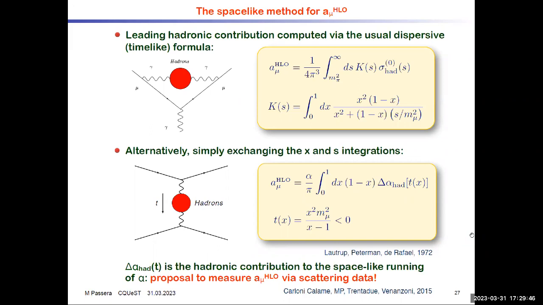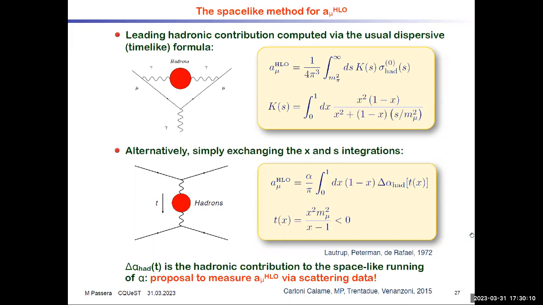You see, this is the formula that I've been showing you already more than once. It's the leading order hadronic contribution, the hadronic cross-section sigma here, and the kernel function that I already told you a few times. Now, if you switch the integrals over s and over x, first we do the integral over x, and then you do the integral over s.